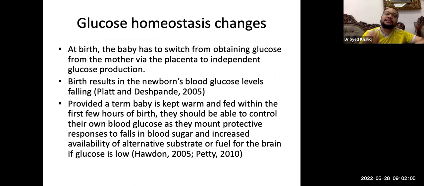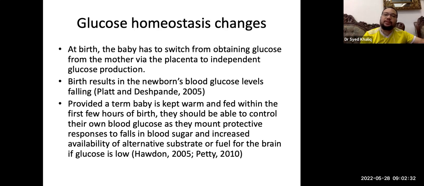So if the baby doesn't have enough glucose through feeding, what happens? There'll be not enough glucose. And glucose is the fuel for everything in our body. So there needs to be gluconeogenesis. The problem is, does the baby have enough materials for gluconeogenesis? Does the baby have enough glycogen? So that's where the problem lies.